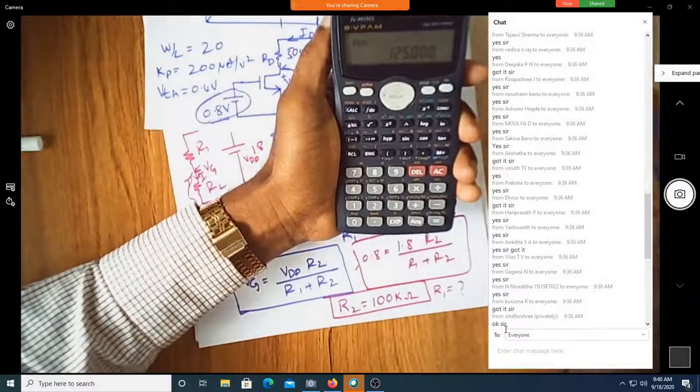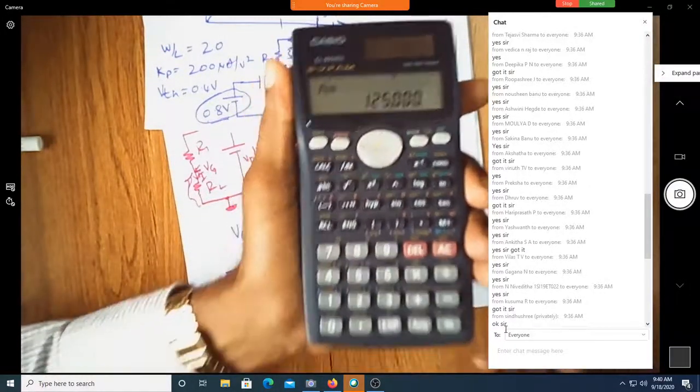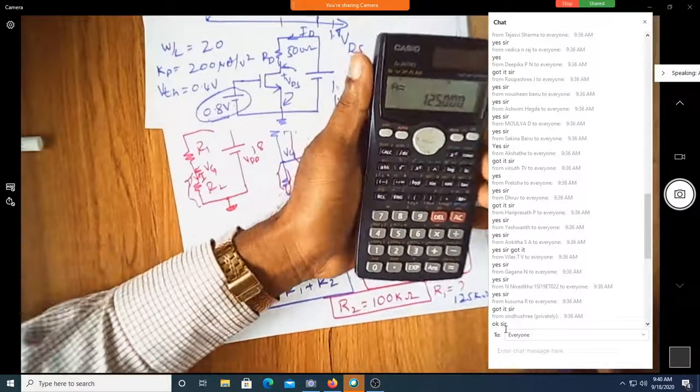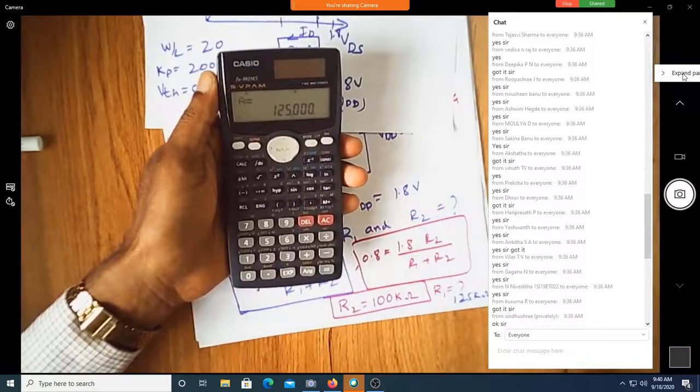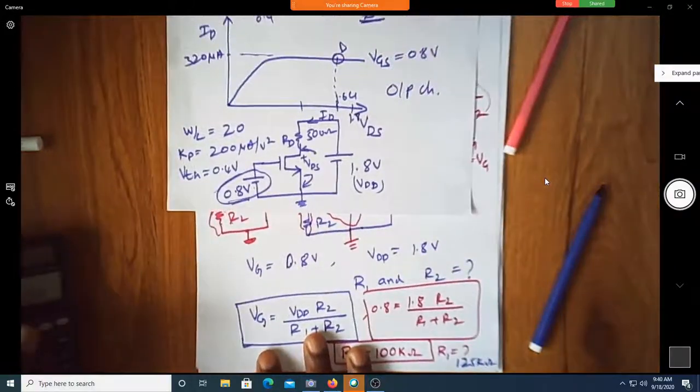Oh, it is 125 kilo ohms. Can you see now it is 125,000. So R1 is 125 kilo ohm. Did all of you get it? I think most of you could get it. It's not very difficult, correct?